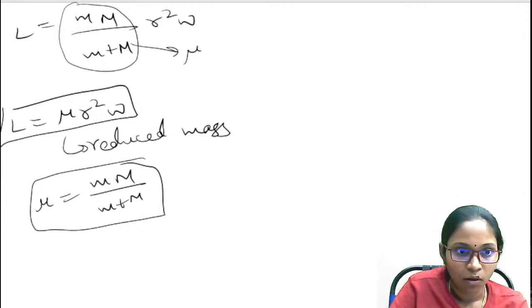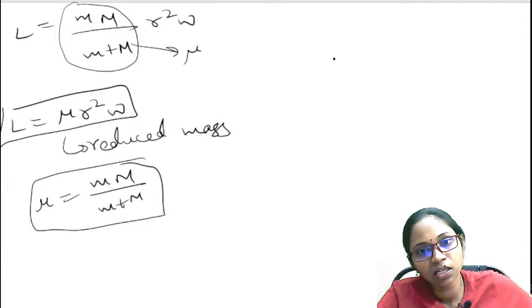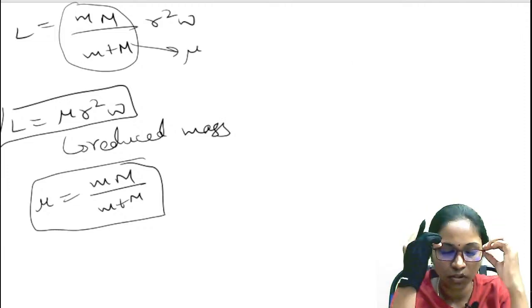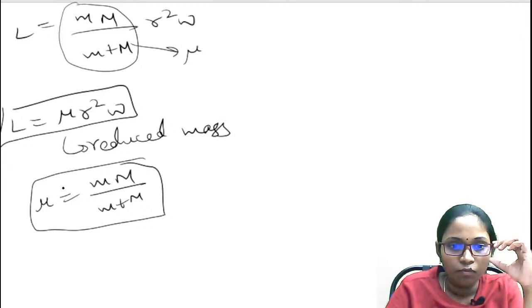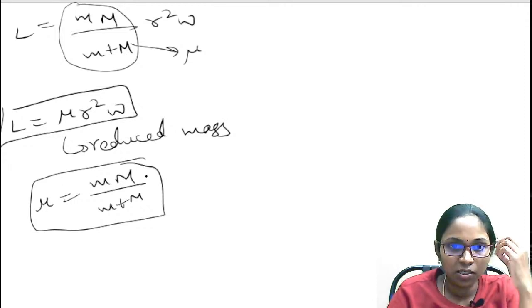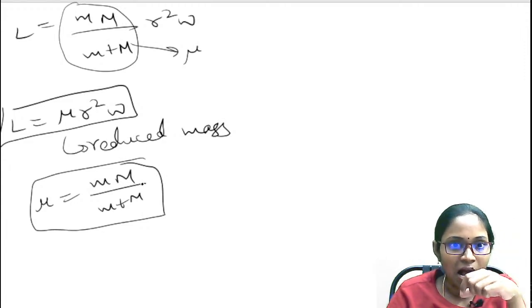Here you have to correct the energy equation, radius equation and velocity equation. Why? Because the mass is changed, the mass is reduced because of the finite mass of the nucleus and the motion of the nucleus.